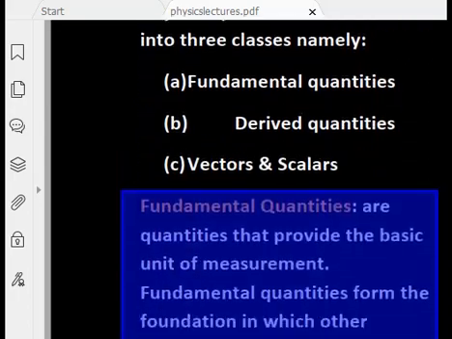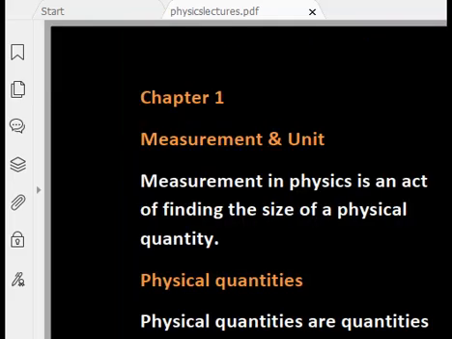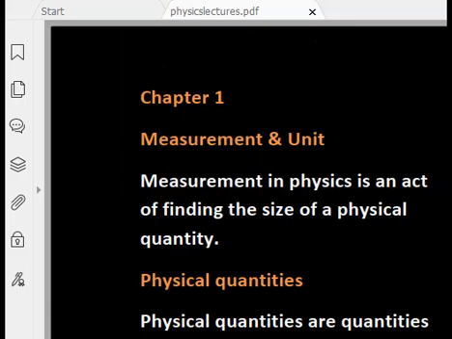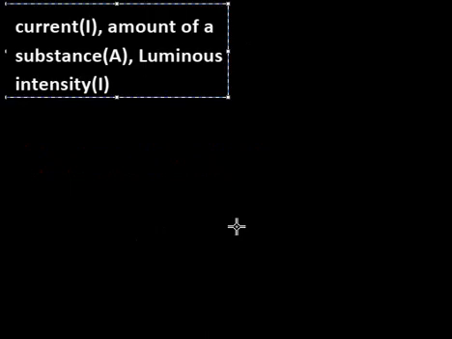So there are seven of them. We have mass, length, time, temperature, electric current. Then we also have amount of a substance, luminous intensity.